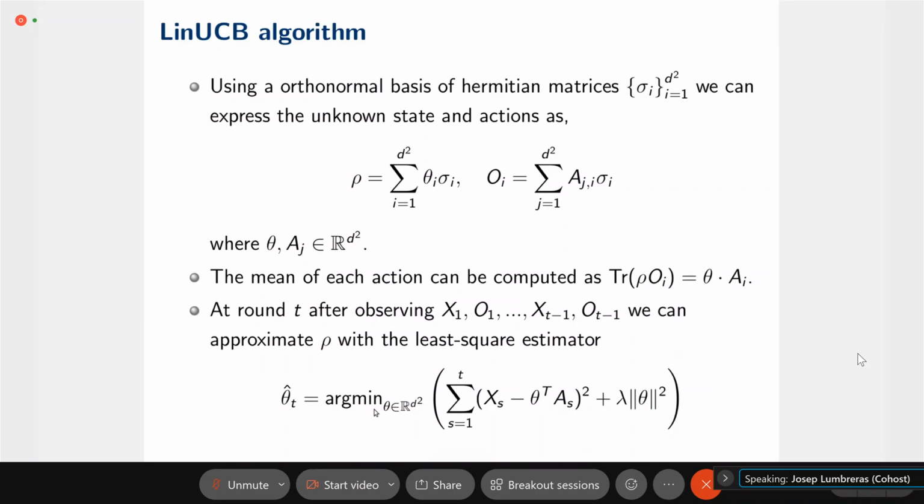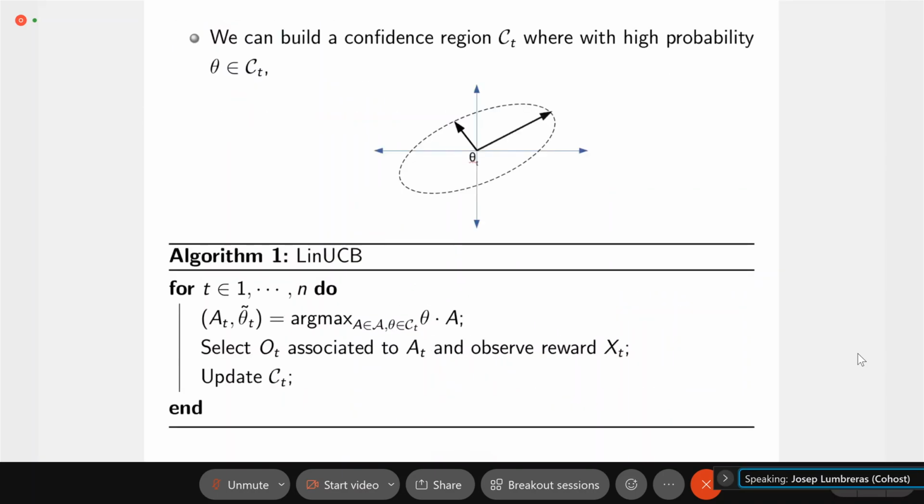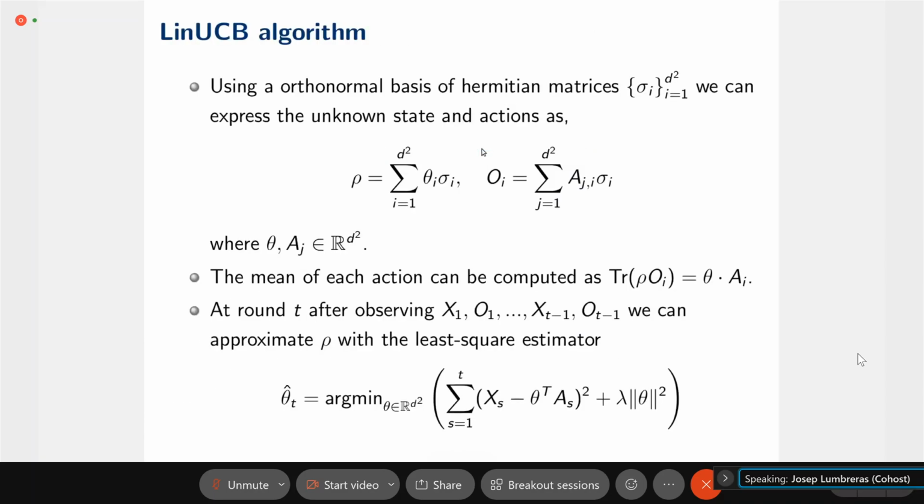This formula is just the formula of the least squares estimator for the vector zeta at round t. What the algorithm does is use this estimator for the vector of the unknown quantum state, and it builds a confidence region, which is like an ellipsoid, and it tells us that in this ellipsoid, with high probability, we will find the real vector that encodes the quantum state. And it's centered on this least squares estimator.